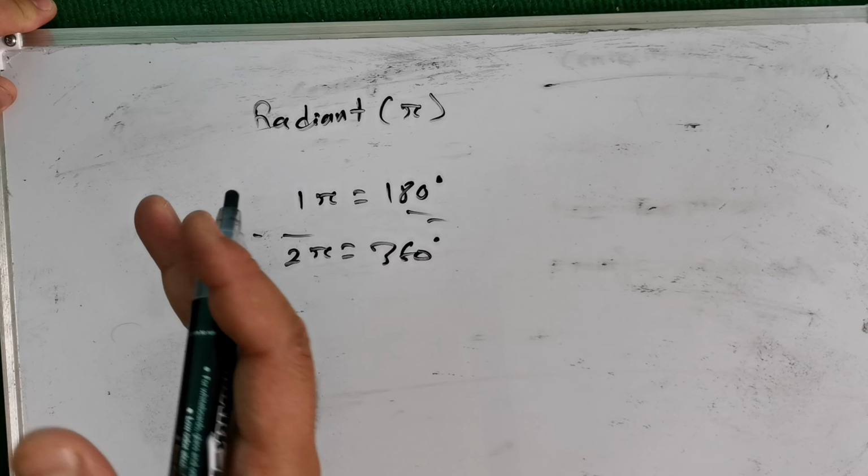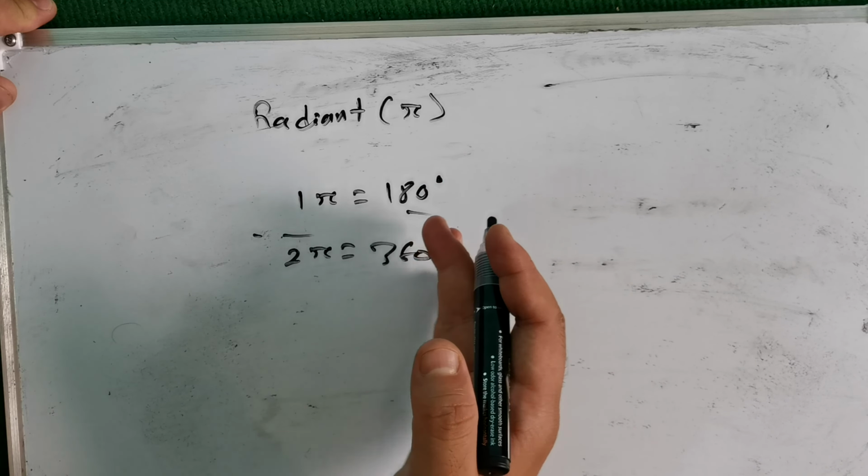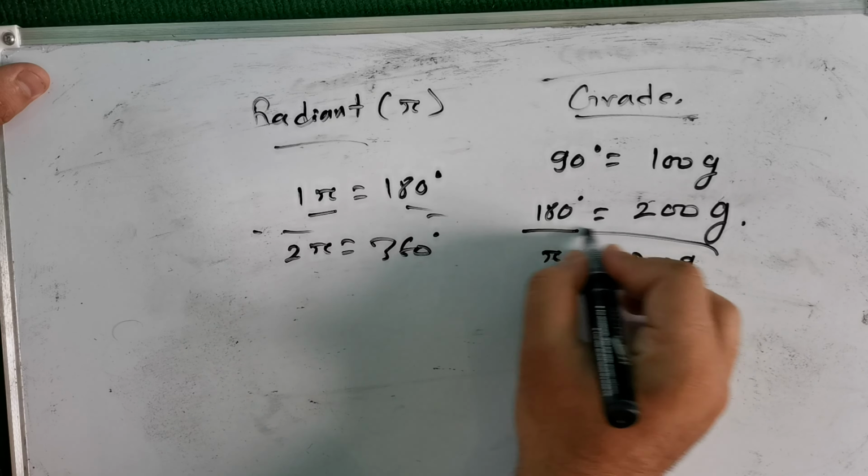You will not be asked to convert radian to grade, but I will tell you how. 90 degrees is equal to 100 grades, am I right? 180 degrees is equal to 200 grades. 180 means 1 pi, so pi is equal to 200 grades.